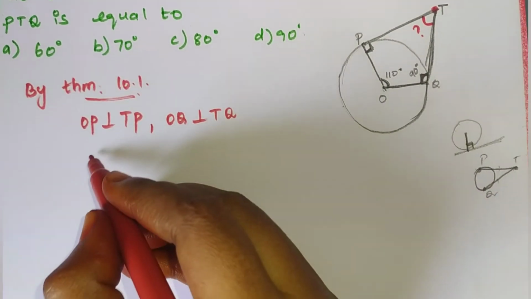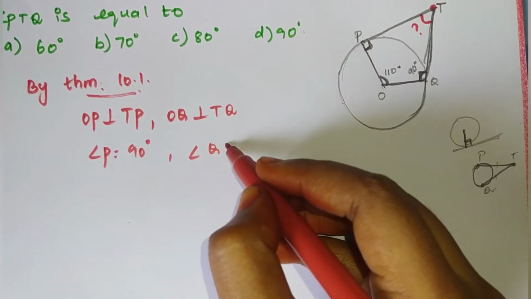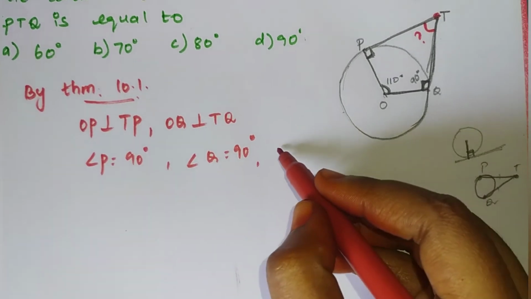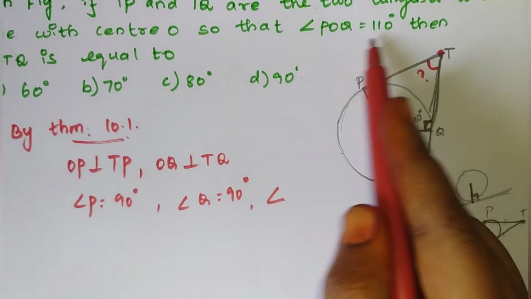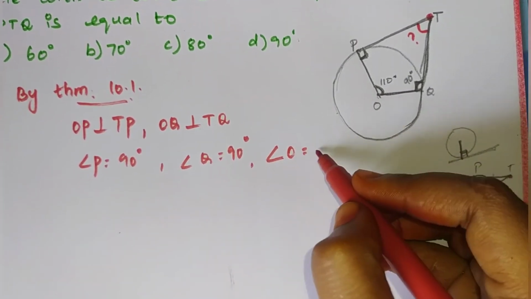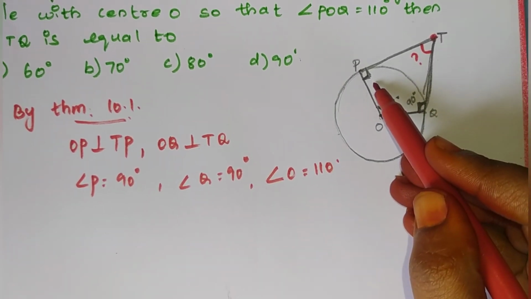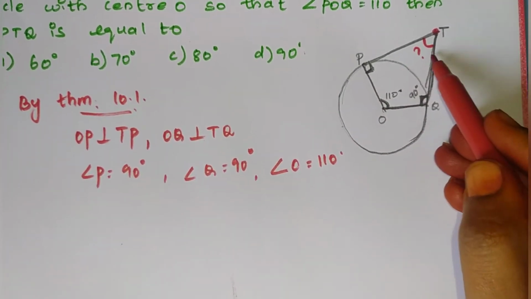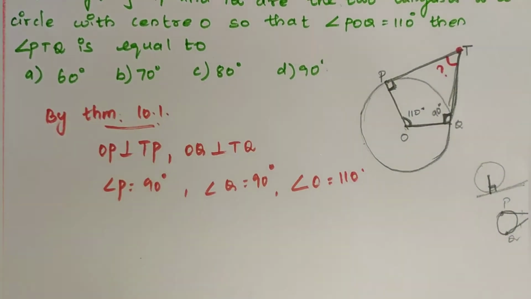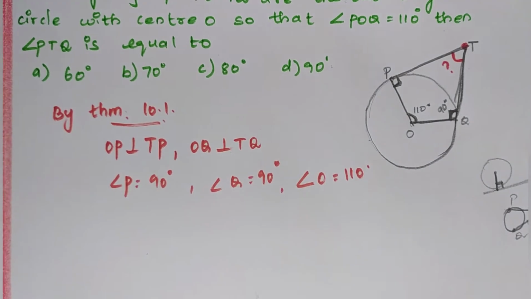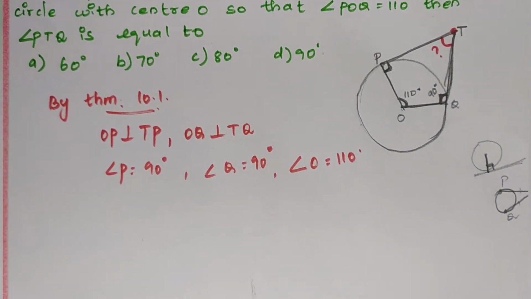Therefore, angle P is equal to 90 degree and angle Q is equal to 90 degree, and one more angle they gave in the question, that angle O is equal to 110 degree. So this is 110, this is 90 and this is 90. How can we find the remaining angle? By using the angle sum property of quadrilateral.